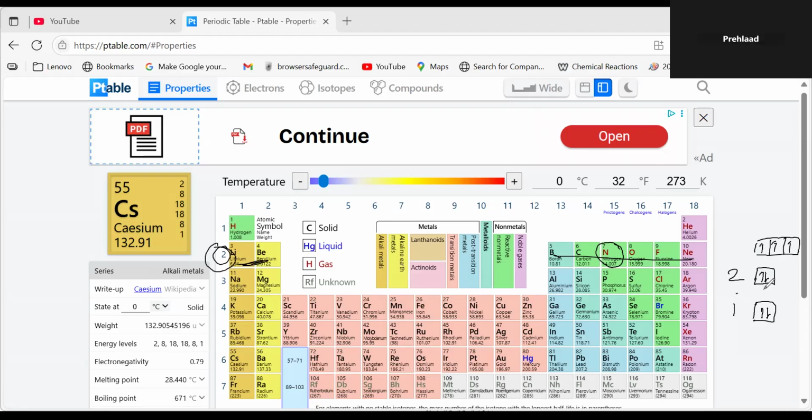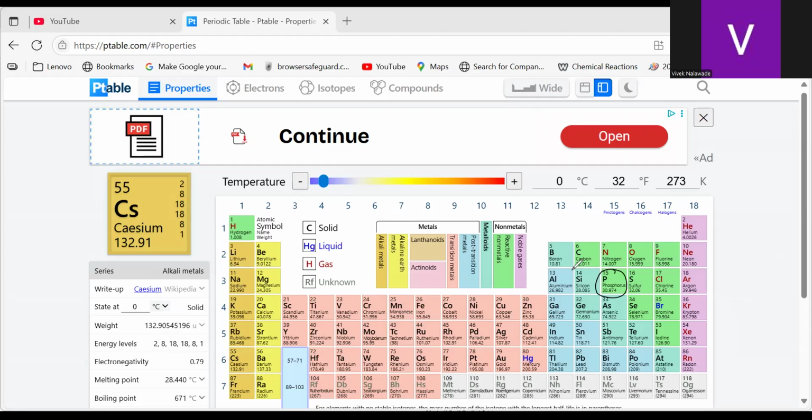If I have, let us say, phosphorus, what is the number? 15. Which period? 3. That means there are three energy levels: 1, 2, 3.